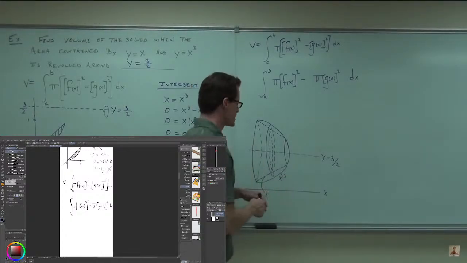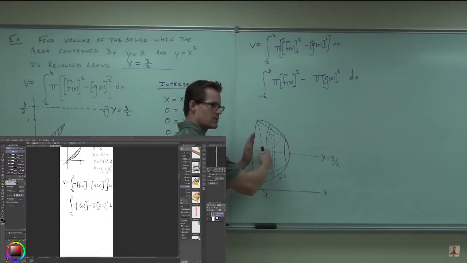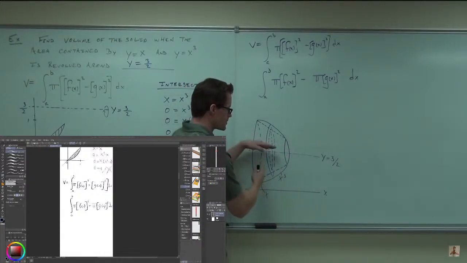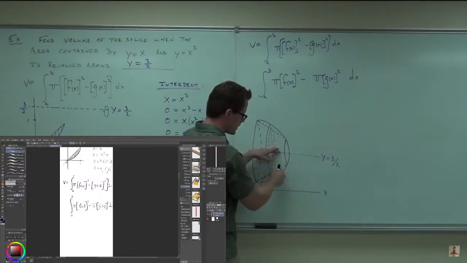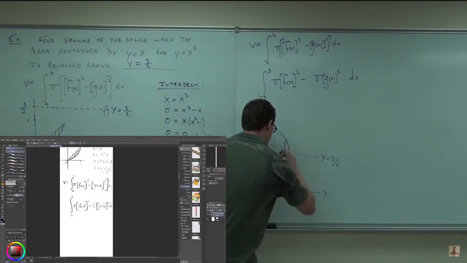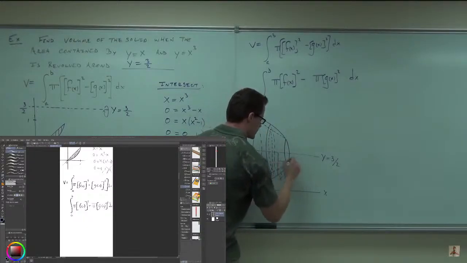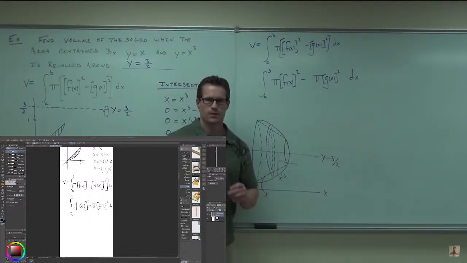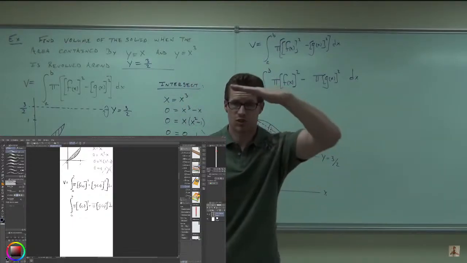How would I find out the distance? Let's think for a second. At any random point x, how would I find the distance between a constant line 3/2, let's say right here, and this, which is what I'm looking for? How far is that? Say it again. 3/2 minus x cubed. It'd have to start with 3/2, wouldn't it?